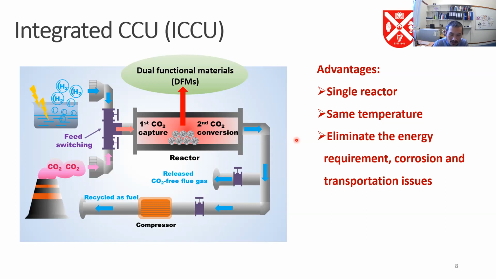Another advantage, which I'm going to talk about a little more later, is we actually change the mechanism of reactions. So we also reduce the steps of CCU. Conventional CCU has CO2 solvent adsorption, and also CO2 transfer, CO2 storage. And here, just one reactor.